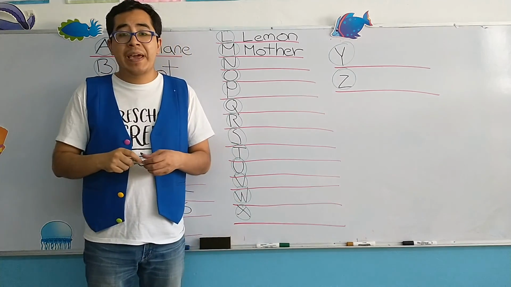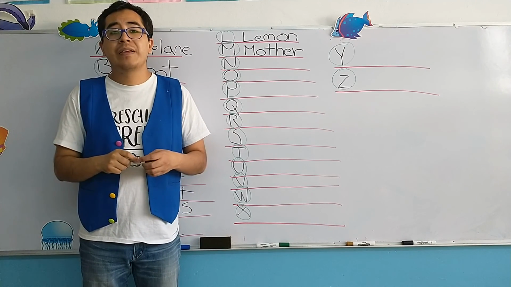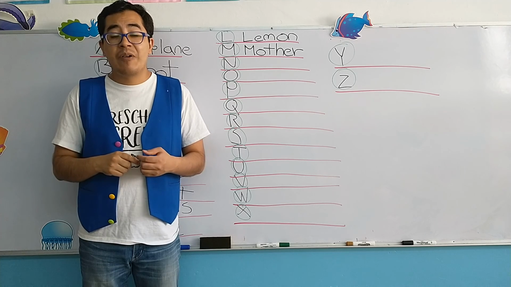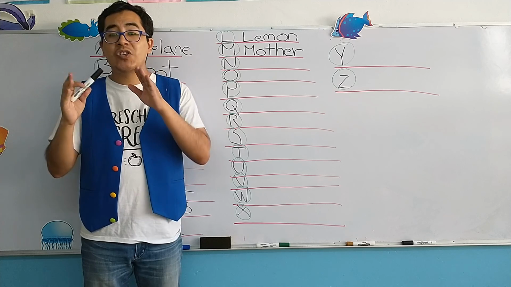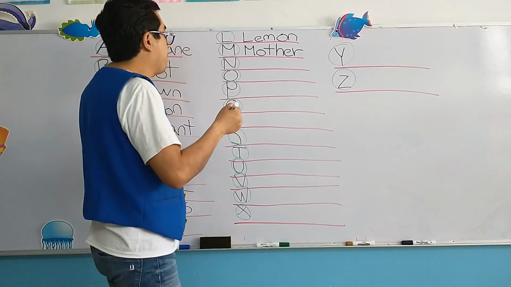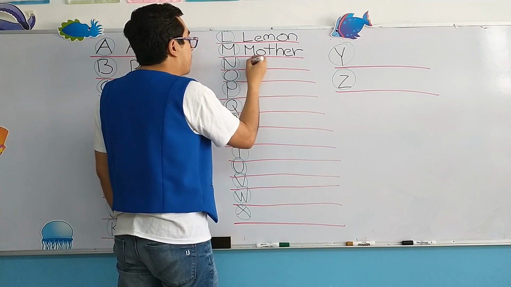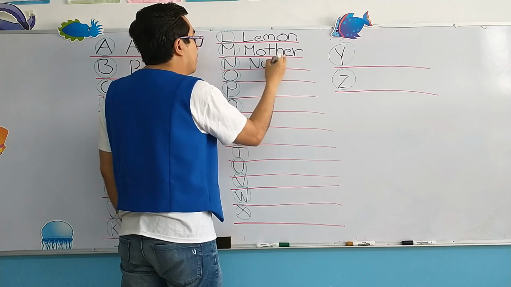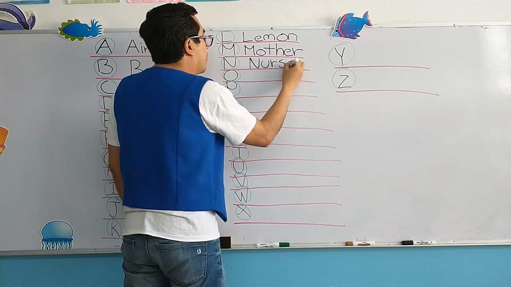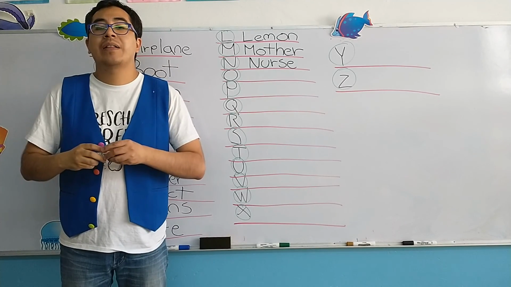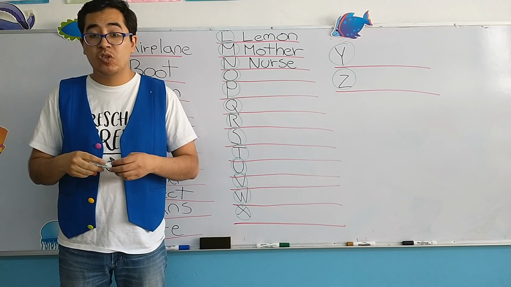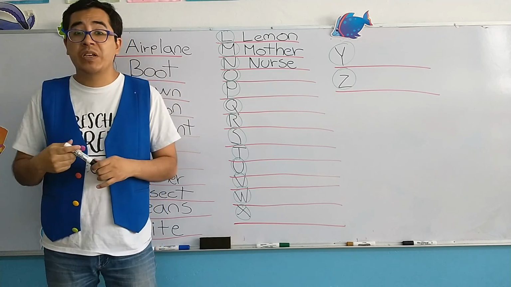For capital N, we had the nurse. Now remember, the nurse is a job, and in Spanish, enfermera. For the capital O, we had the octopus, which is an animal of the sea.